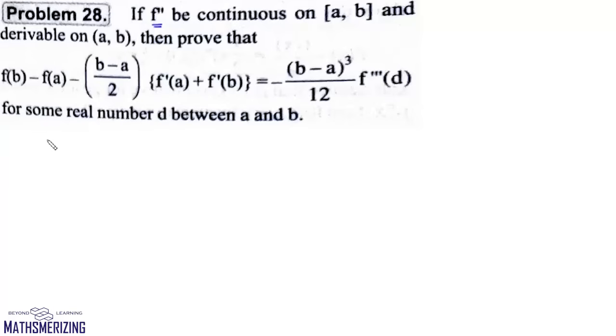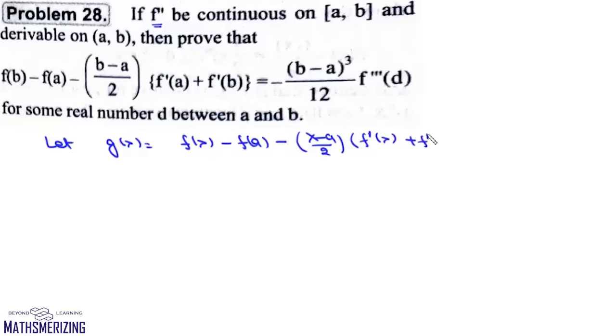So what we'll do is, we'll assume a function g(x) which is f(x) - f(a) - (x - a)/2 [f'(x) + f'(a)] + A (x - a)^3.